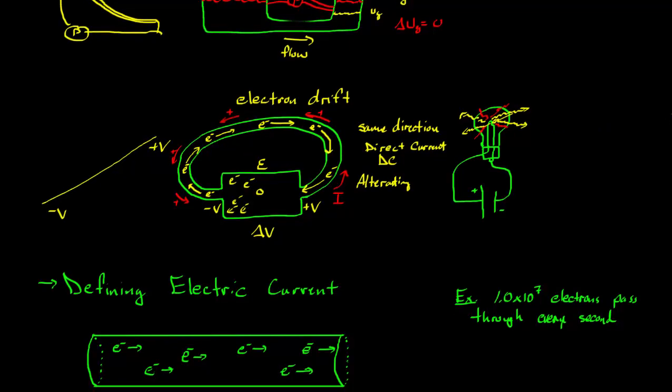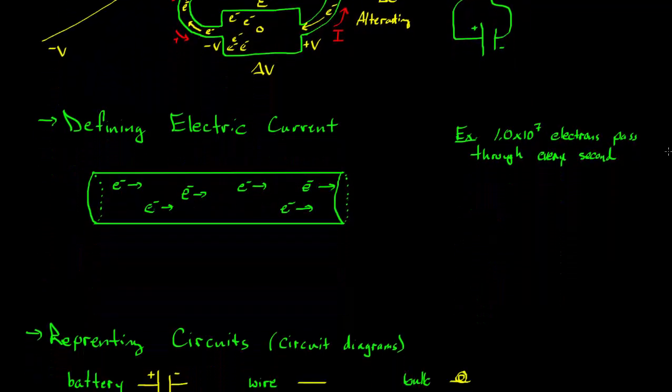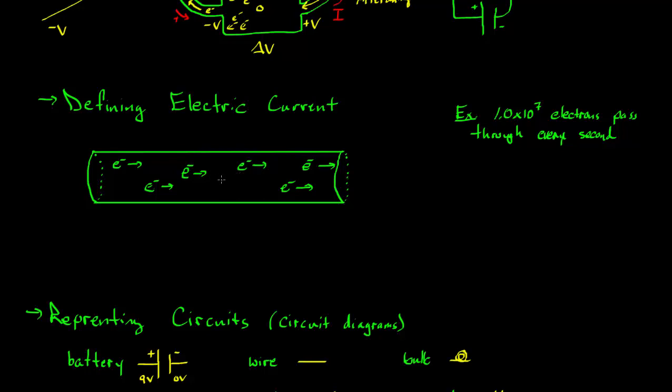Okay, so let's define exactly what current is. And it's similar to flow rate for fluids, and we're just looking at the flow of charge through a wire. And so to do that, what we could do is we could just break up a little piece, and we're just looking for this volume, how much charge moves through here in a given amount of time.